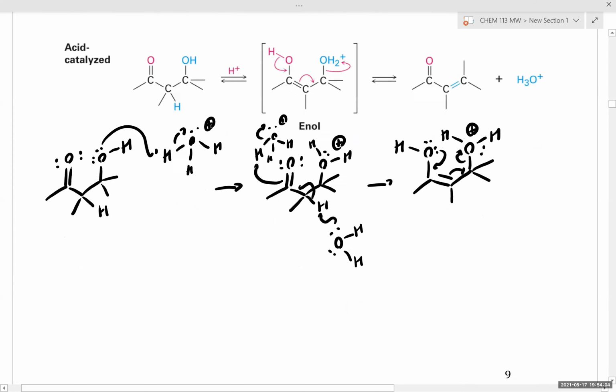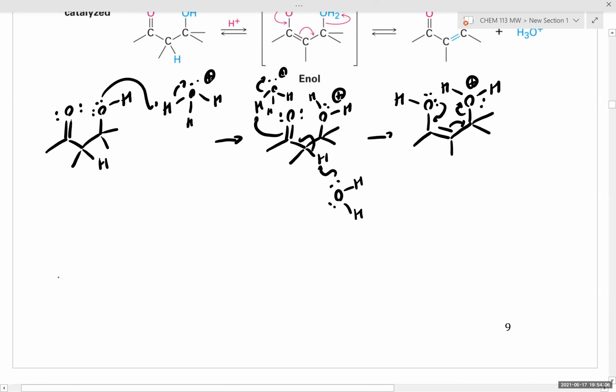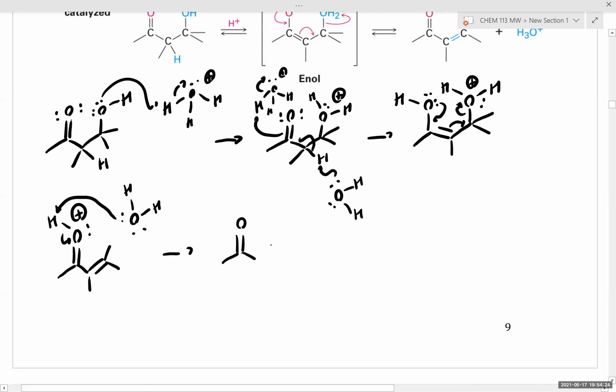Again, very reminiscent of the E1CB mechanism for elimination. From here, we just have one more cleanup step where we deprotonate our carbonyl oxygen, and that gives us our desired enone product.